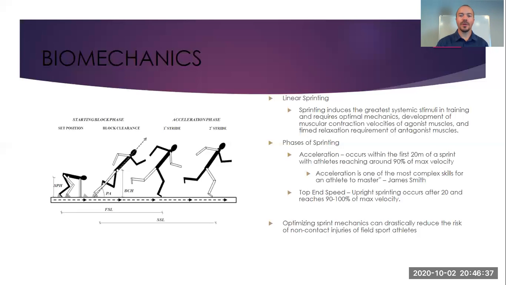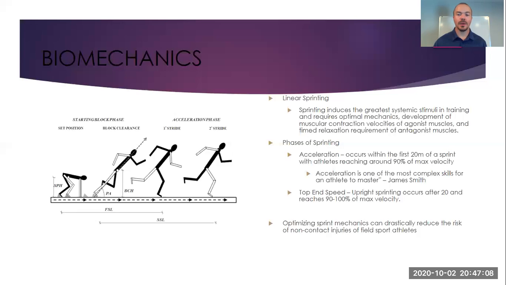Moving on to another bullet on this slide, top end speed: upright sprinting occurs after 20 meters and reaches 90 to 100% of max velocity. So if many of our sports are rarely sprinting more than 20 meters in competition, maybe we should rethink or reconsider performing all of those longer sprints in practice.